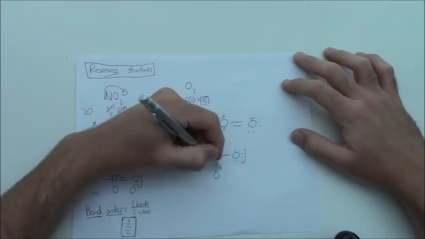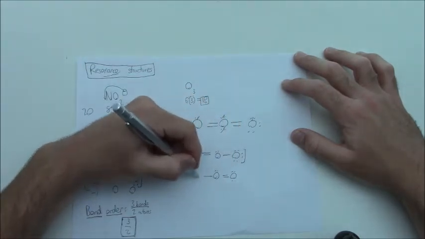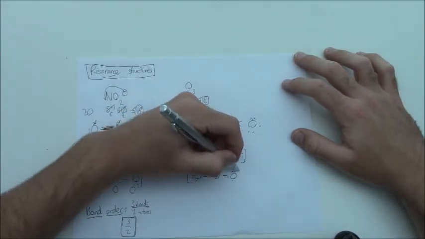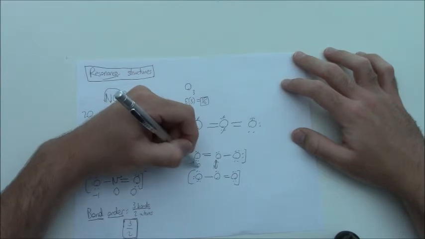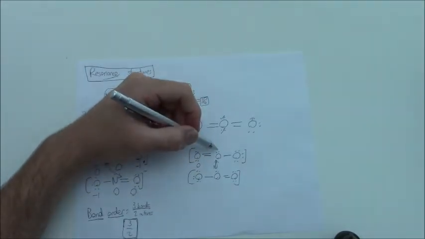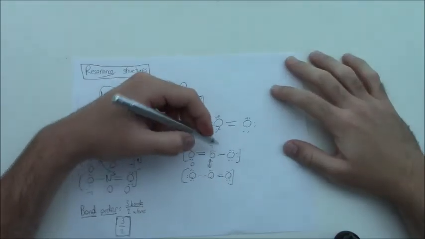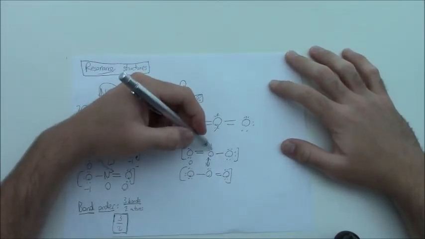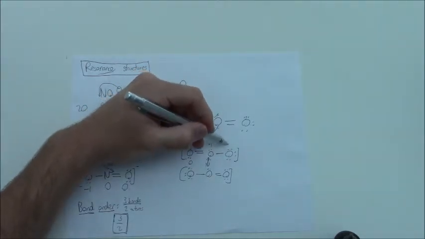Or, flip to the other side. In terms of formal charge this will give us 0, then 6 minus 5 will give us positive 1, and then here we have 6 minus 7 will give us negative 1.